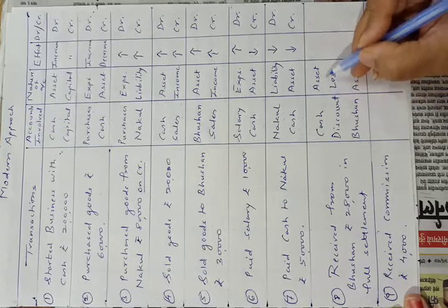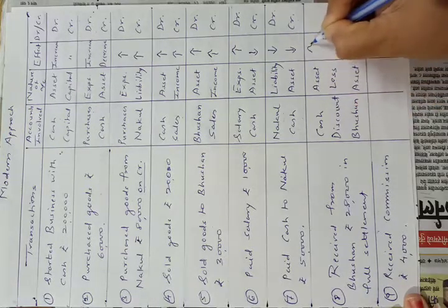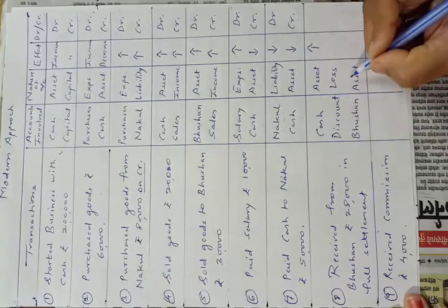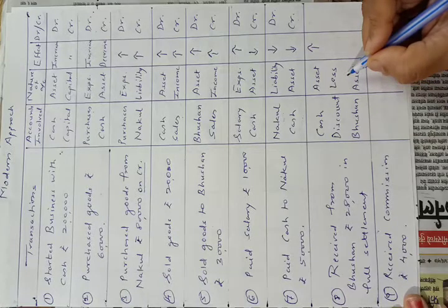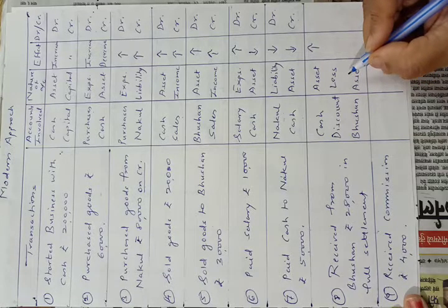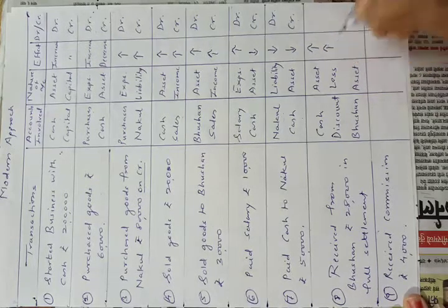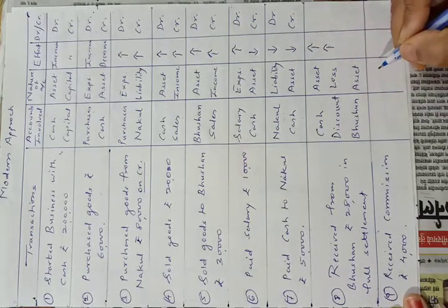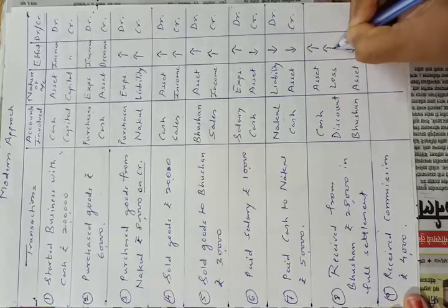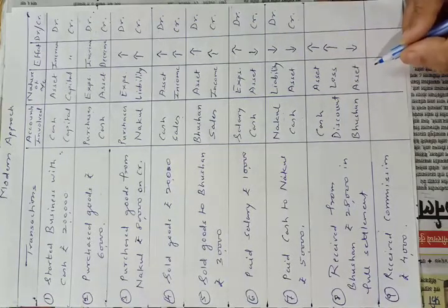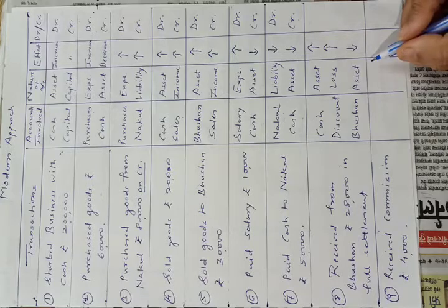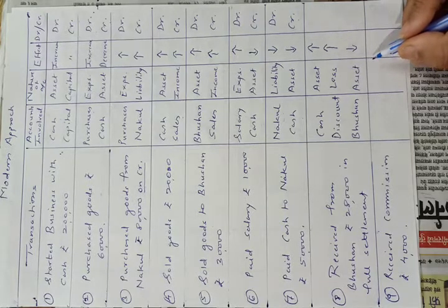Here as we are receiving cash, our cash increases. Due to this transaction, as we are receiving rupees 28,000 only from Bhushan, our loss also increases, and our debtors will decrease because he is paying rupees 28,000 in full settlement, so debtors will be nil.